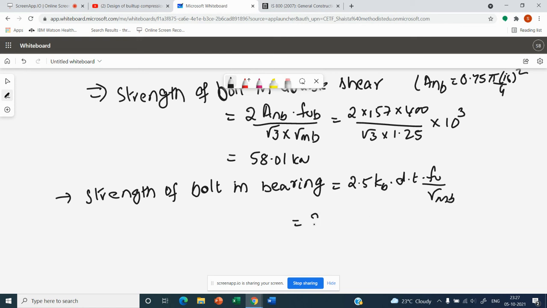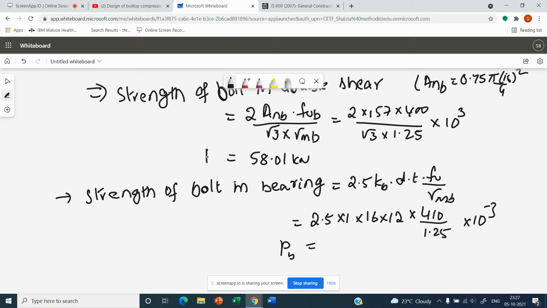Okay, so 2.5 kb is 1, 16 is the diameter of bolt. Thickness of flat plate is 12 and fu is 410. It's not fub, it's fu 410 and 1.25 is the partial safety factor divided by 1000.